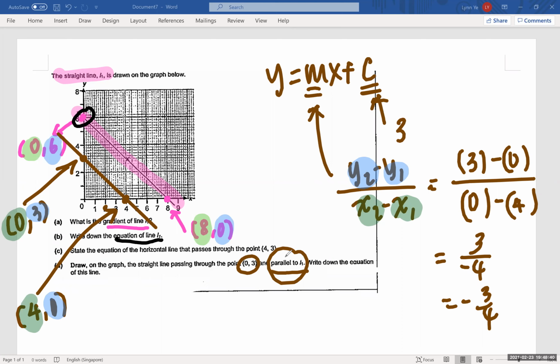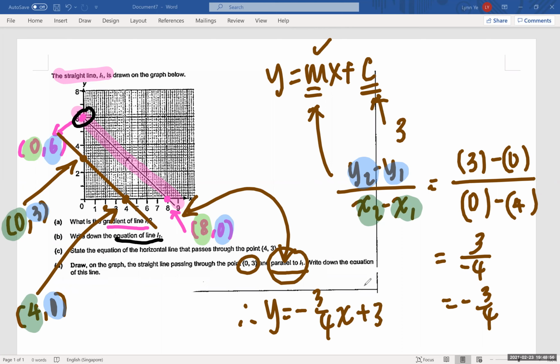So if you find the gradient of L1 from part 1, you realize that, hey, the values are the same, which is minus 3 over 4. So I've already found my m, and therefore I can say that my equation will be y is equal to minus 3 over 4x plus c, which is 3. And that's the end for question number 18.